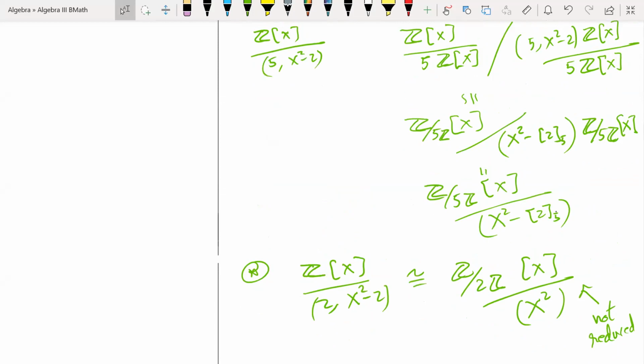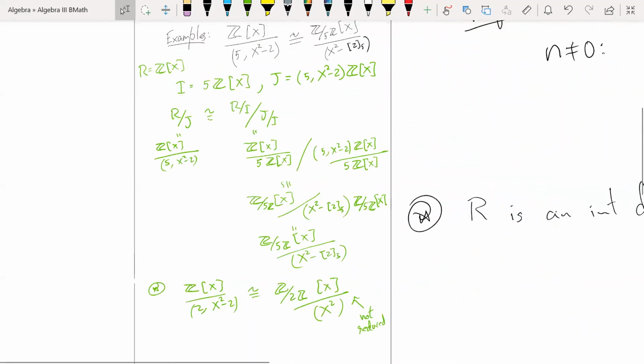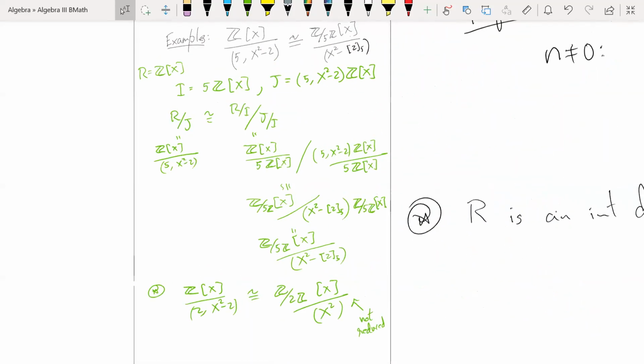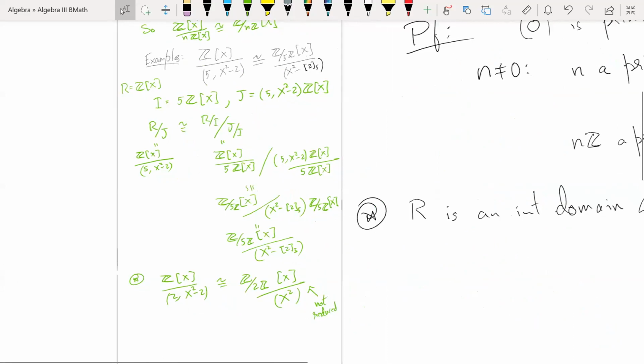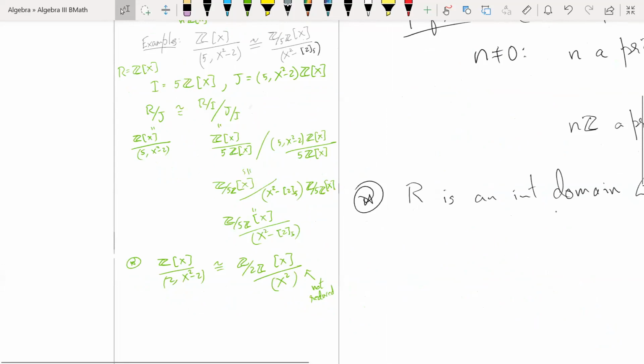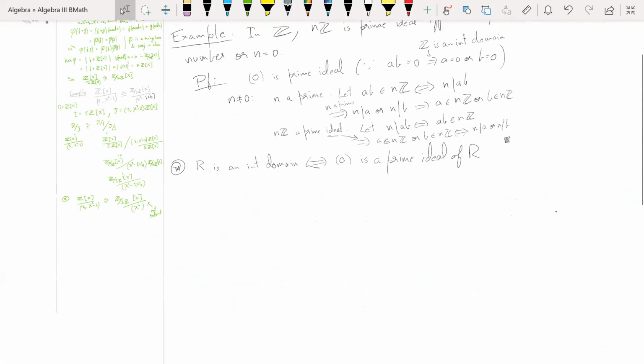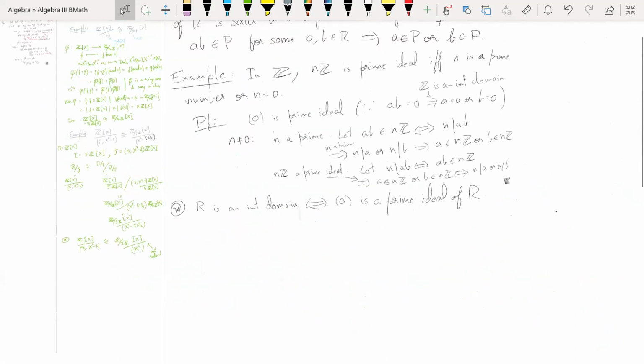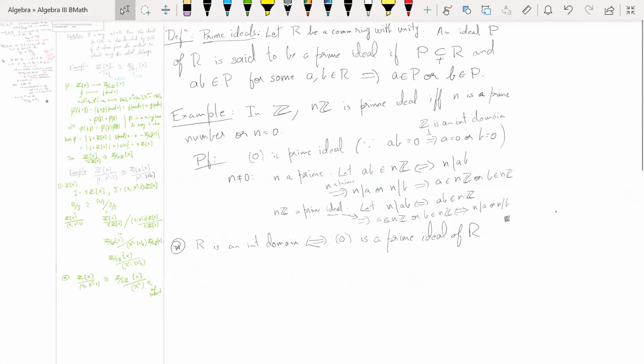So you can get all three possibilities. Any questions on this example? If there are no questions, let me move on.